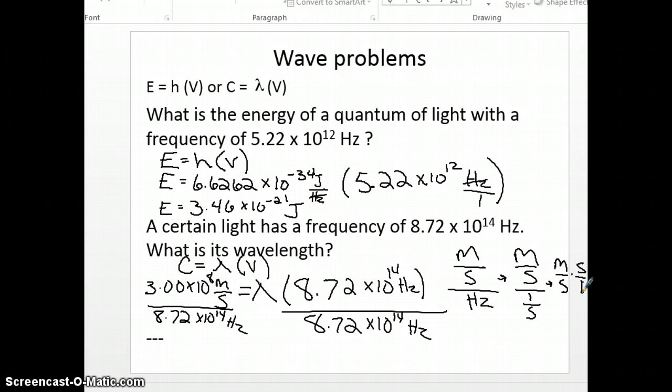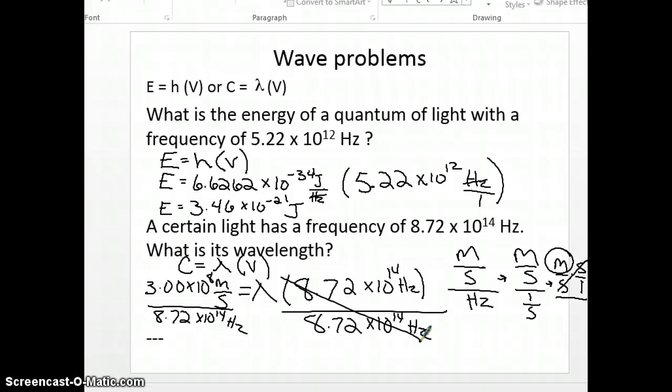So by having meters per second over hertz, we actually have this right here. Seconds cancel, we're left with meters. And so this cancels out. We do our math here.